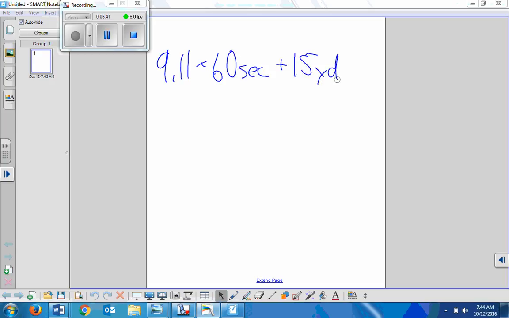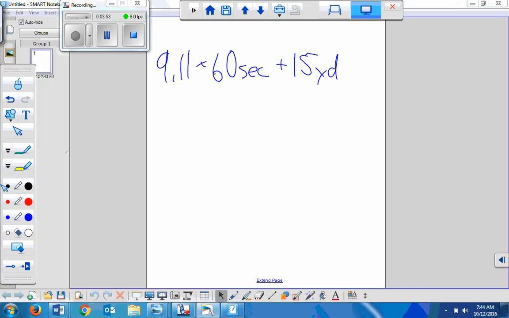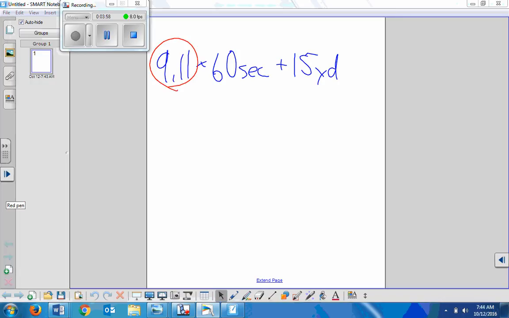All right, so that'll tell us how far he's gone. And that's why it's useful to find that per 1 second, finding the unit rate for every 1 second. So that's why we had that 9.11 yards per second. Okay, so we times it by however many seconds it is. So let's say if we wanted 80 seconds, well, we take 9.11 times 80 seconds plus that 15-yard head start.